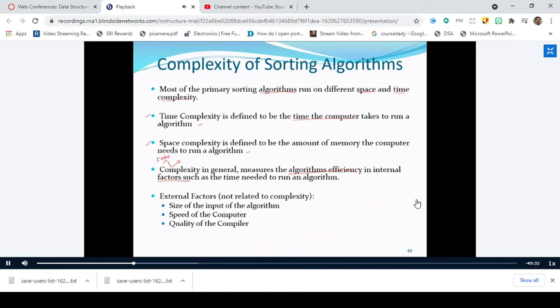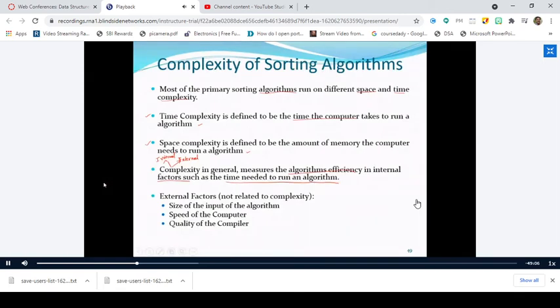The internal factor is the time needed to run the algorithm. This is a straightforward thing which gives the definition of the time complexity, right? But the algorithms depend not only on internal factors, they also depend on external factors.